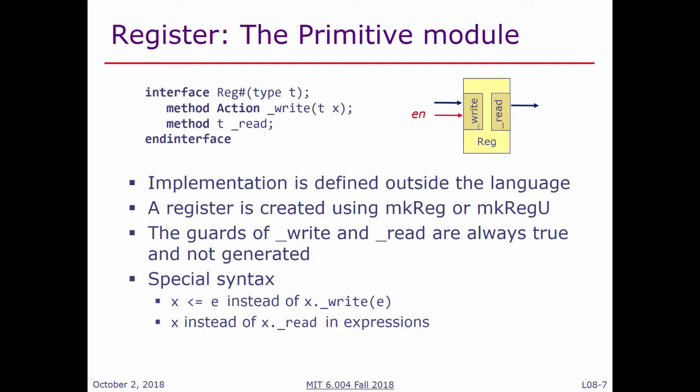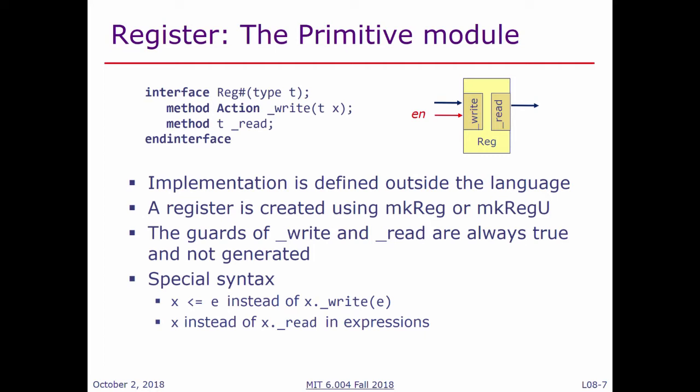Let's revisit the register, which was discussed in the recitation. A register has two methods, read and write. If I were to actually write down the interface, this is how it would be written: underscore something, because these are system names, and you are not allowed to use other names for this register unless you define them yourself. Because registers happen all over the place, there is special syntax for using them.